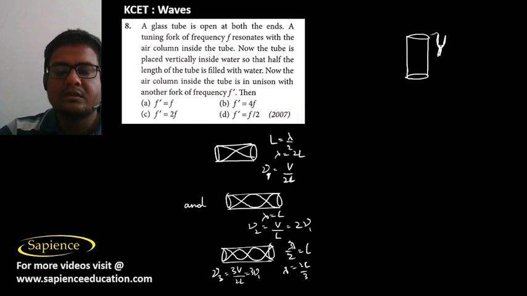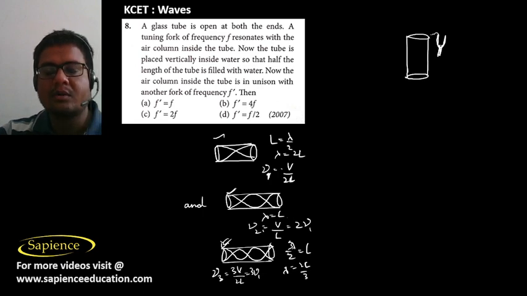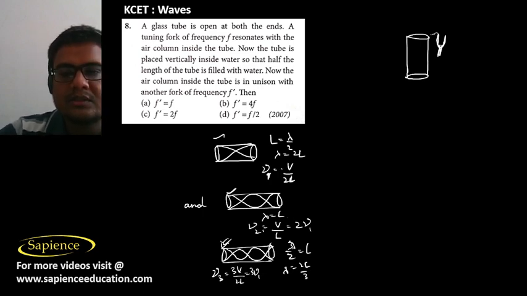So it means that here we will have all the harmonics for an open end organ pipe. We have all harmonics, first harmonic, second harmonic, third harmonic. So let's say we have the nth harmonic here.